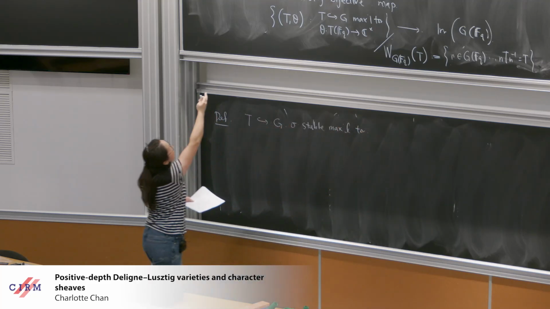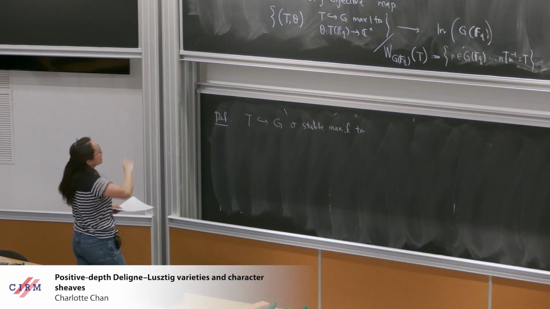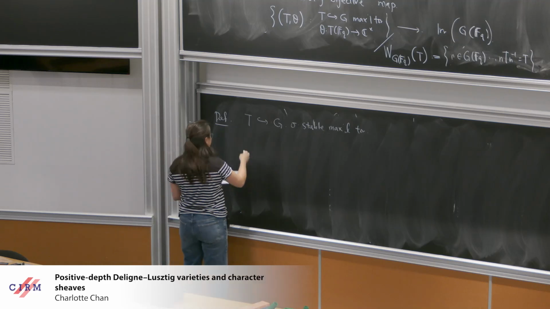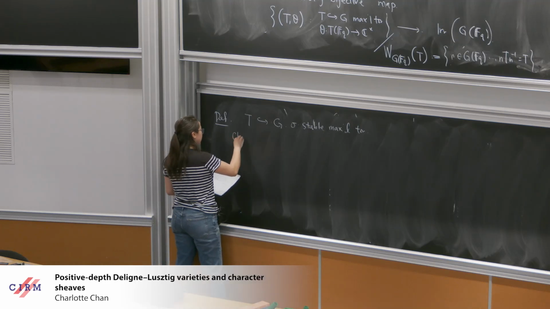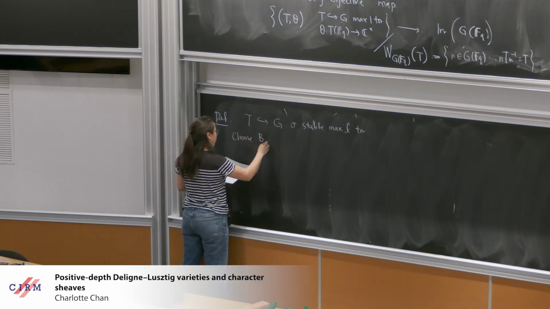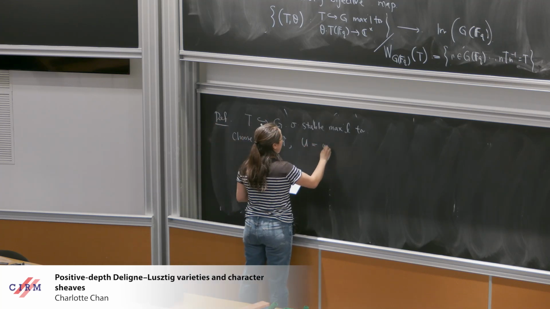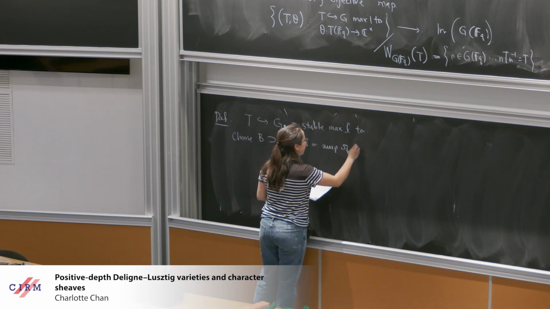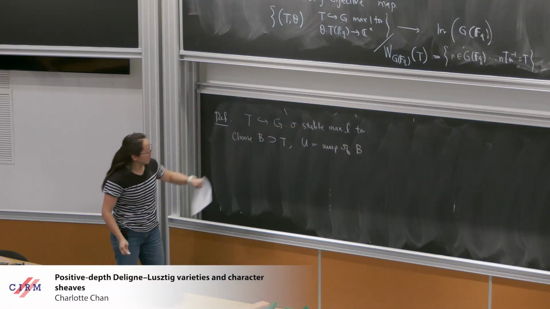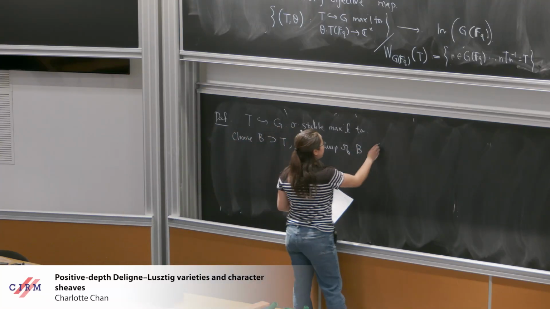So both sigma, as in my example, sigma and sigma prime are both allowed. Choose a Borel B containing T, let U be the unipotent radical of B. B and U are not required to be sigma-stable.